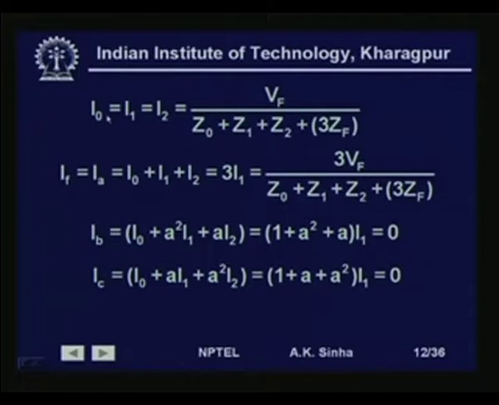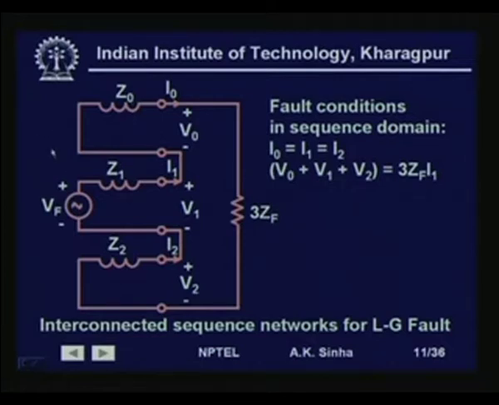So, from this network, if we need to find out the currents, the current I0 is equal to I1, which is equal to I2, will be equal to the voltage Vf divided by all the impedances which are connected in series. So, Z1 plus Z0 plus 3 ZF plus Z2.